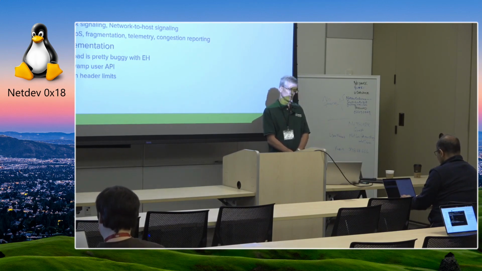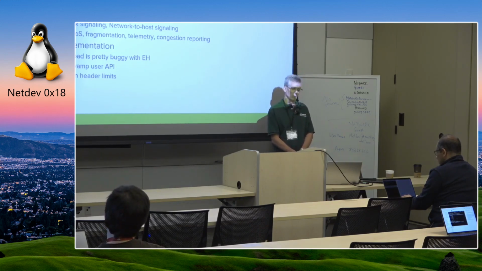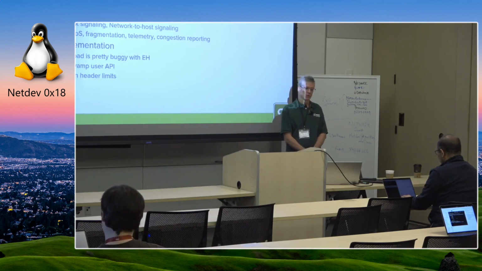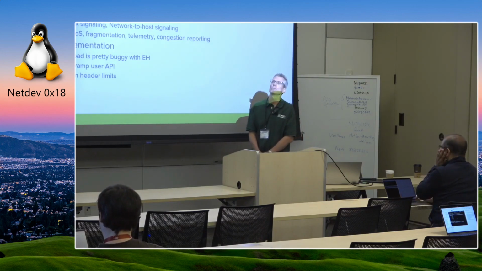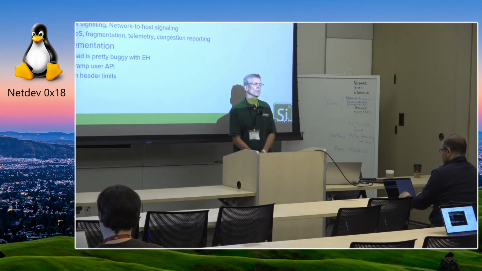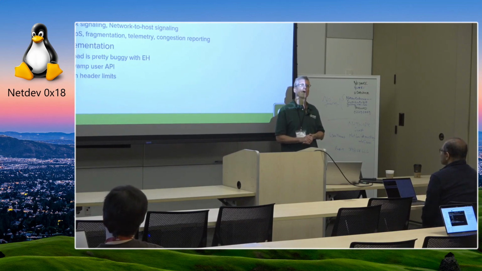So going in reverse order, I guess, the thought experiment was looking at various extension headers that have been defined. And also, we have to consider the most general case. So this is assuming, say, extension headers on the internet.